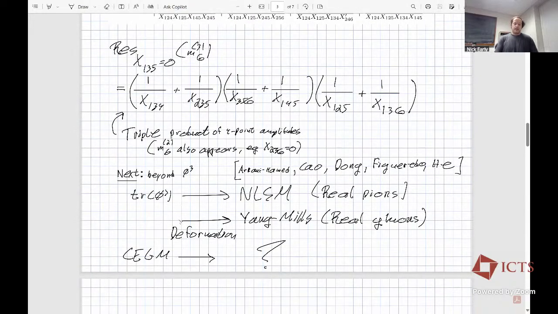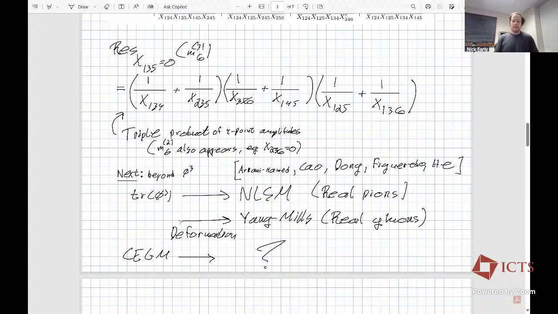Next, I want to take you beyond phi cubed, using recent work of Arkani-Hamed, Cao, Dong, Figueiredo, and He, where they find real pion amplitudes and real gluon amplitudes inside trace phi cubed by taking a deformation and expanding around delta going to infinity.